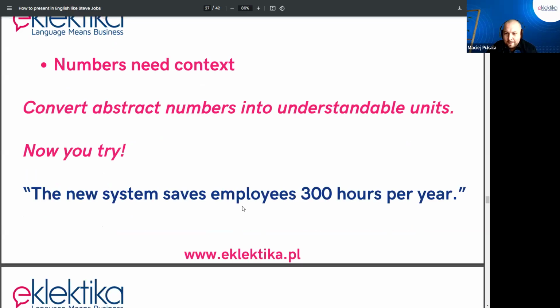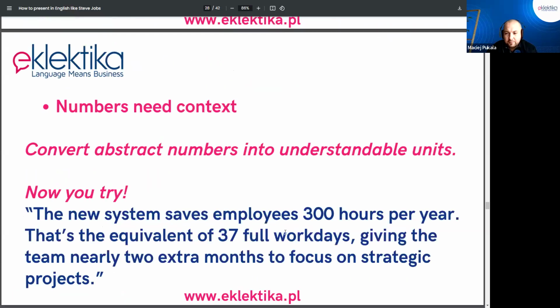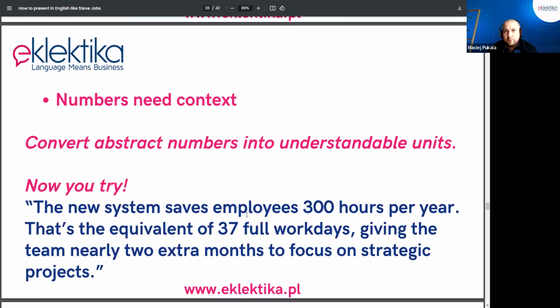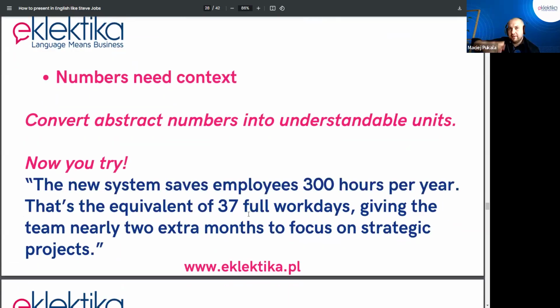What I wrote was 300 hours per year, so that's equivalent to 37 full work days. I tried to make it very clear here. So 2 extra months to focus on strategic projects. If you have any ideas coming in, you can just share that.